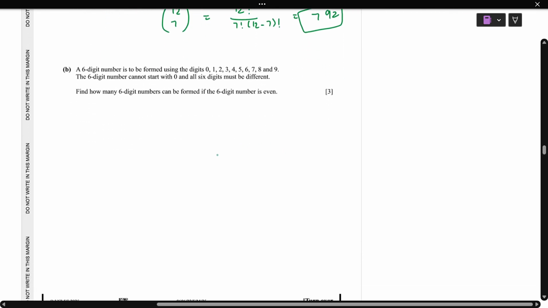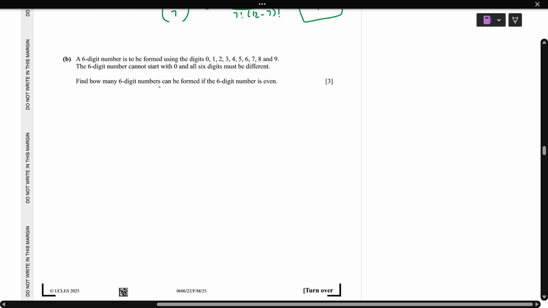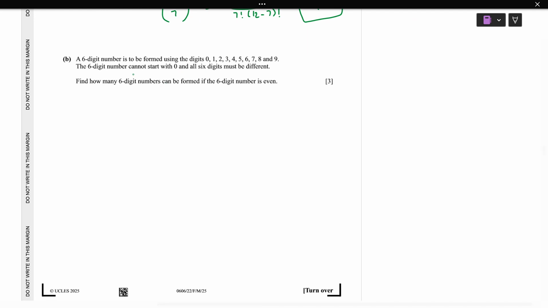Okay, so next, a 6-digit number is to be formed using the digits 0 to 9. The 6-digit number cannot start with 0, and all 6 digits must be different, so the digits cannot repeat. Find how many numbers can be formed. The 6-digit number is even, so the last digit should be even.